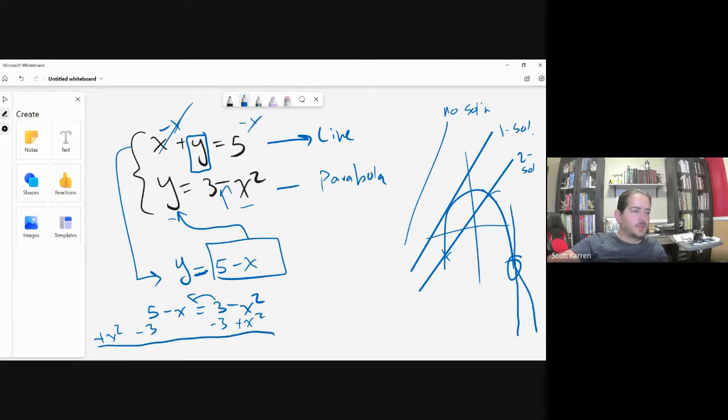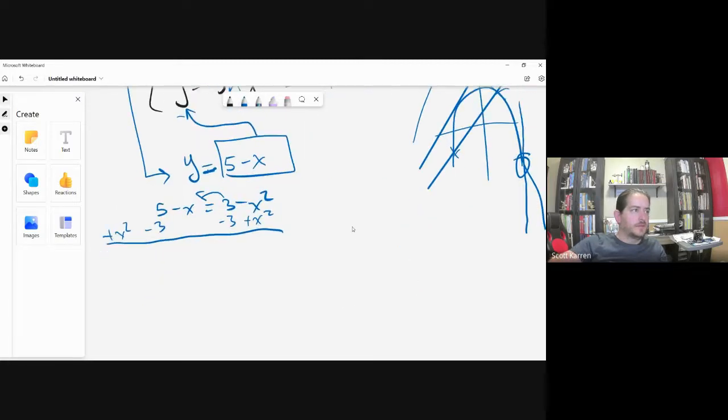And that gets me, here I'll write this as x squared. And I'm going to write my minus x first, just to put this in descending order. And then 5 minus 3 is plus 2. And then on the right-hand side, I have equals 0. I should be able to factor this, right? This would end up being (x minus 2) times (x plus 1) equals 0.